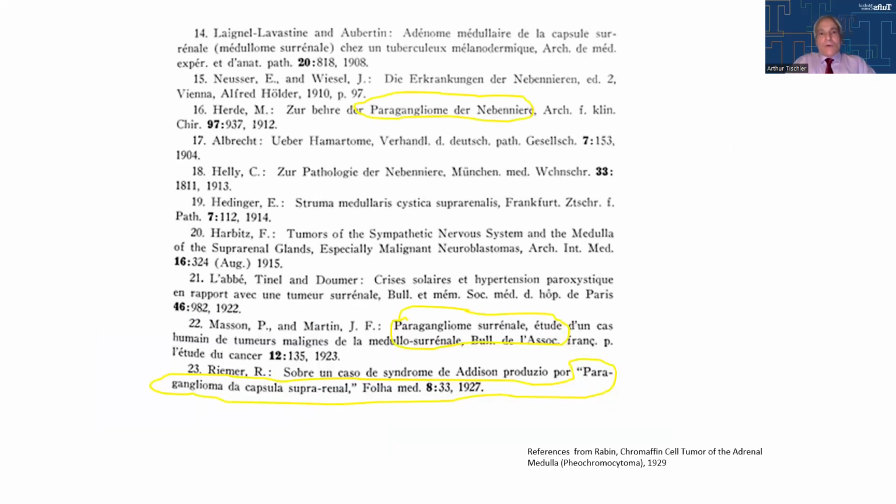And this is, in a way, a trip back to the future, because if we look at literature from the early part of the 20th century, the tumors that we now call pheochromocytomas were in fact described, in this sample reference from 1929, as adrenal paragangliomas in different languages in this particular paper.